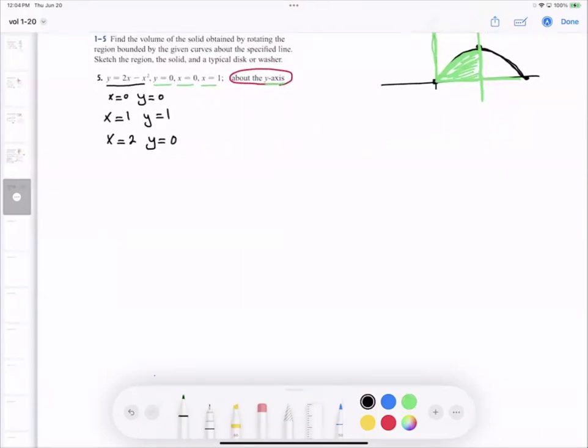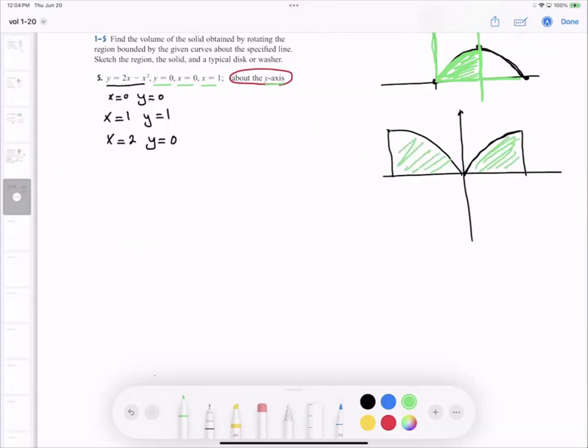So let us rotate this and try to analyze this as much as we can. The rotation of this object with respect to the y-axis is basically taking this object and doing a full rotation here.